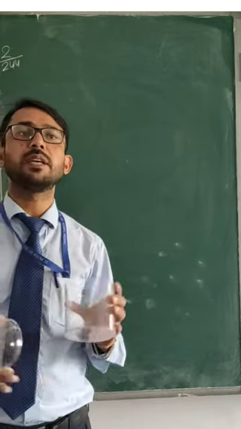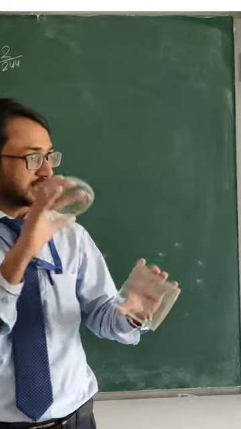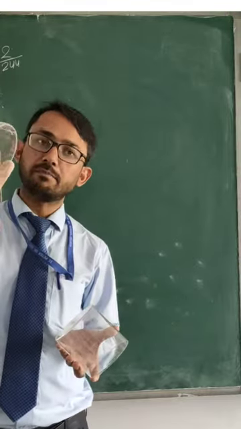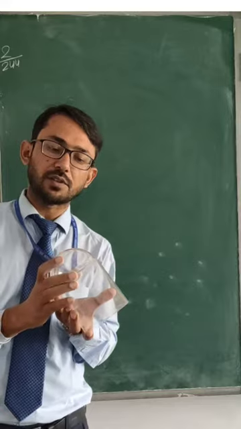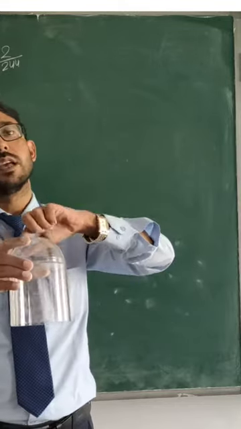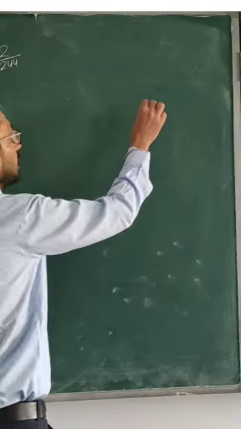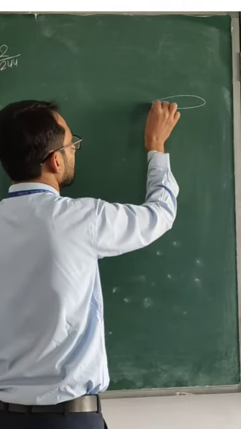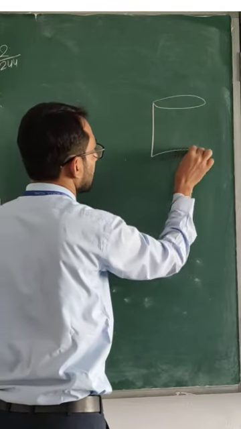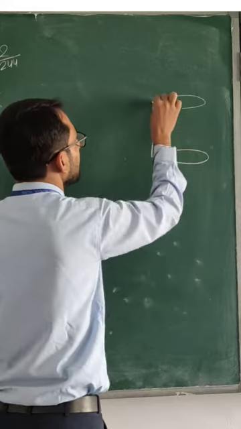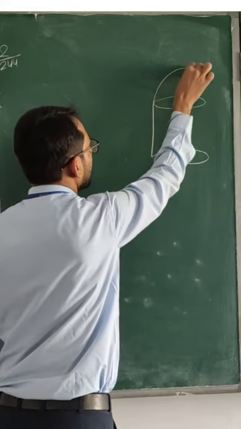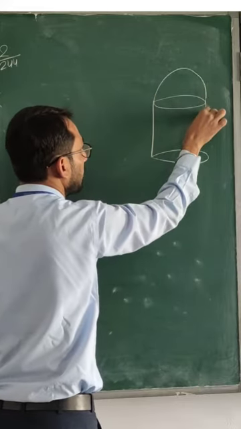Inner surface area means the inner surface area of the hollow cylinder plus the inner surface area of the hemisphere. So this we are going to do. Keep in mind, we are going to think about the cylinder, and on it a hemisphere is mounted.